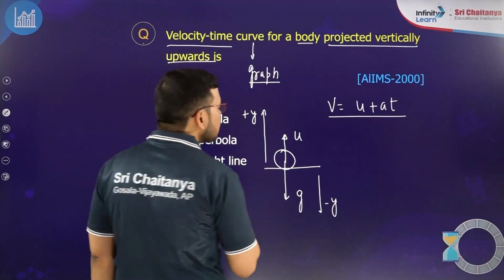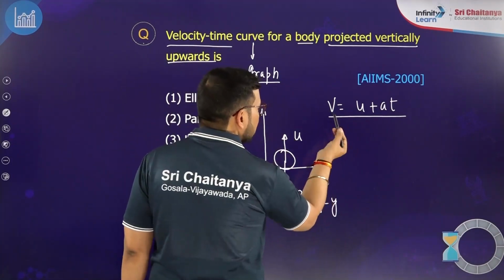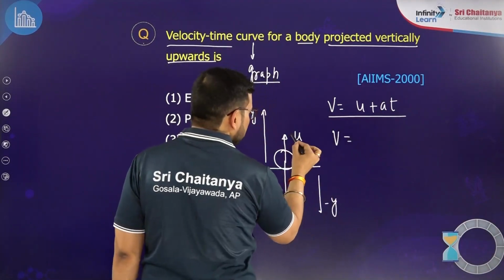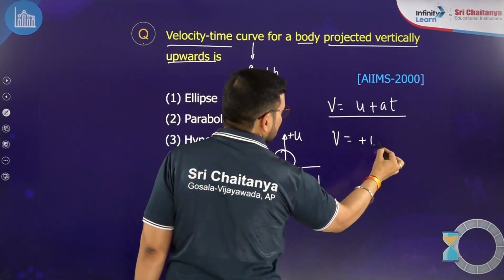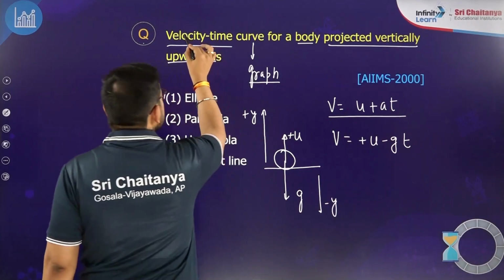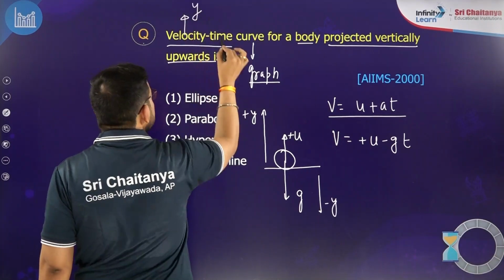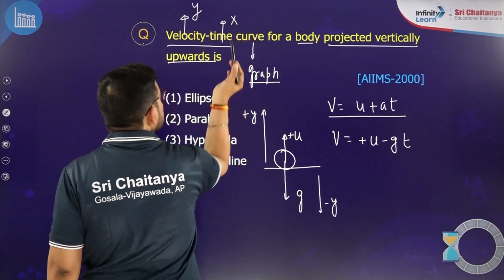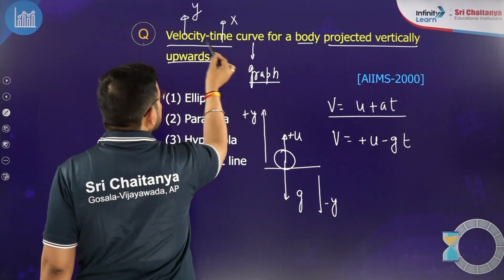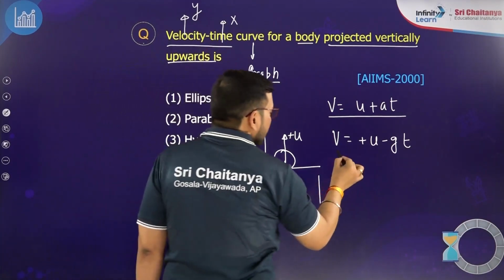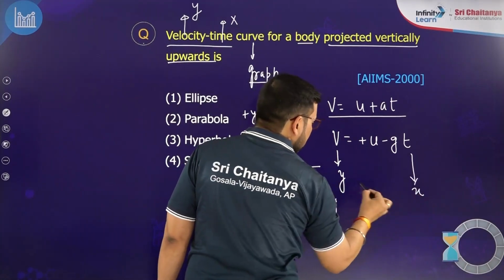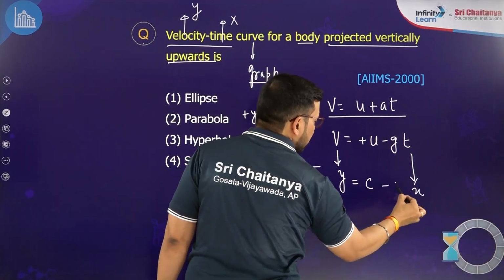V is unknown here, Vt. U is upward, so I put a positive sign, plus u. A is downward, minus gt. The first physical quantity is for the y-axis, the second is for the x-axis: dependent, independent. So V is on y, t is on x, with a constant intercept and minus m slope.